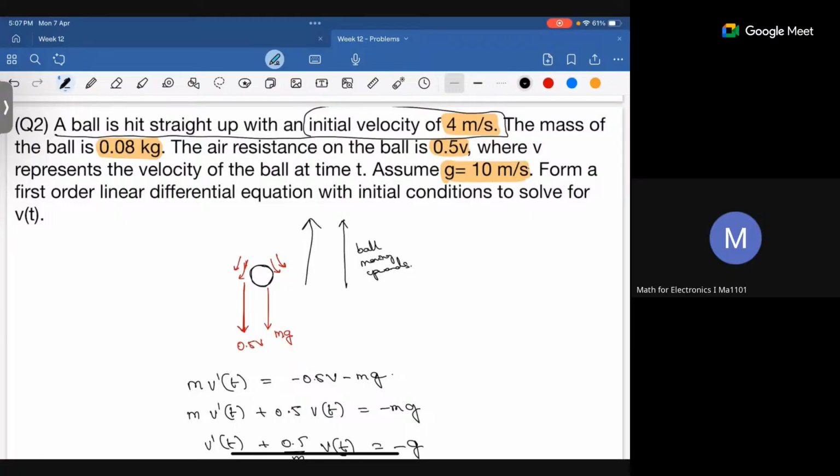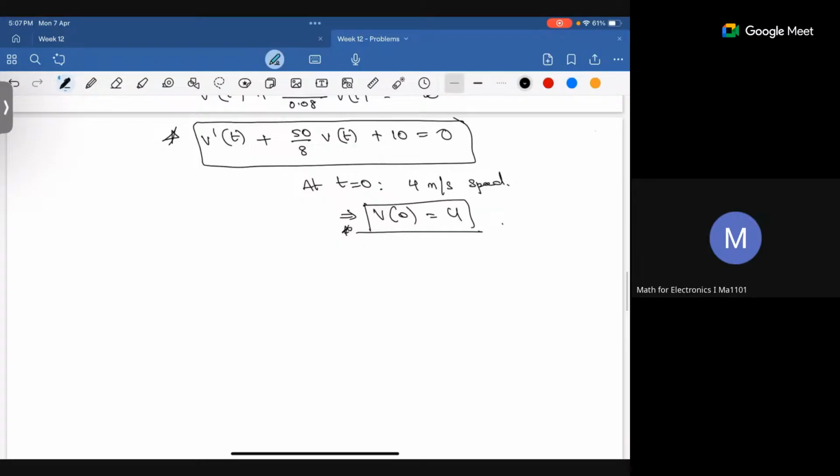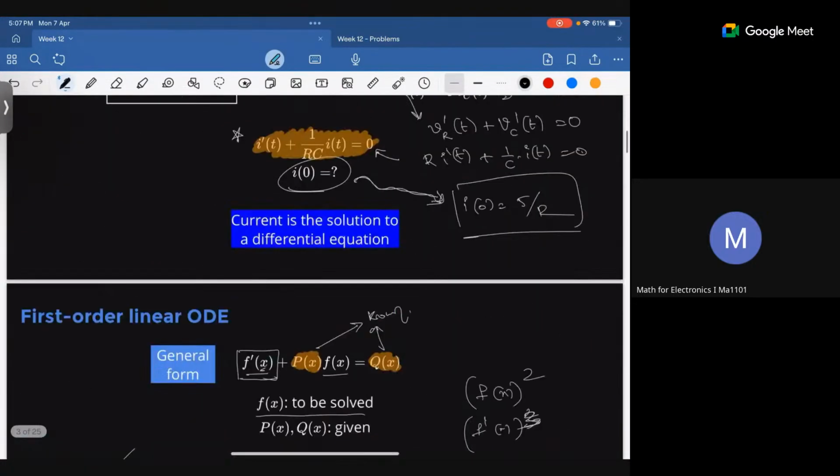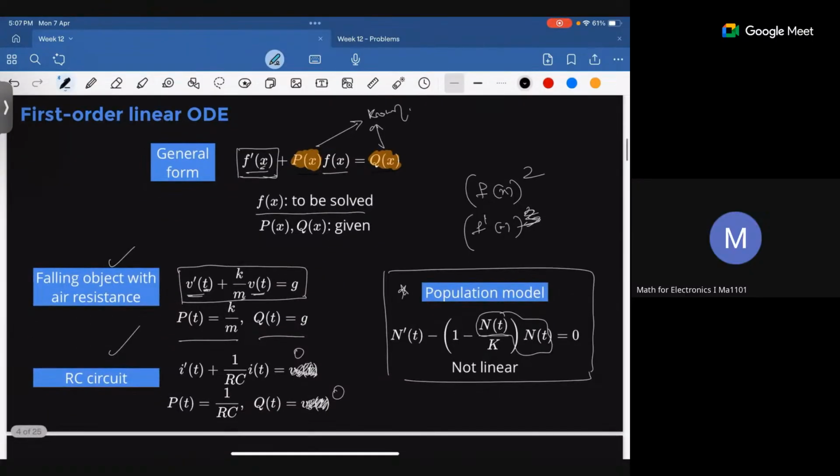Now we have to solve for v(t). So how do we solve for v(t)? You know how to solve it, right? We will use this. This is the general form, we know, right? So P(x) and Q(x) are known to us.